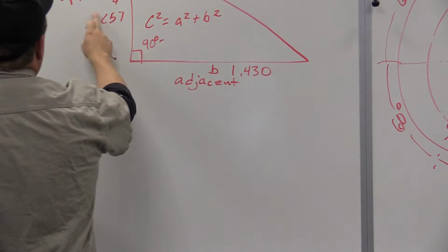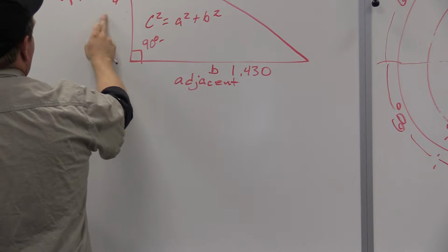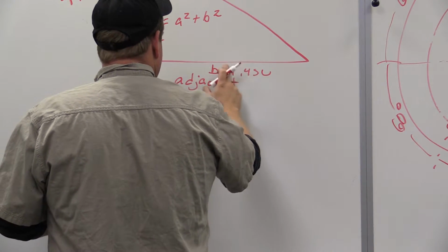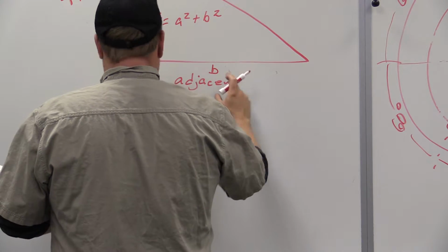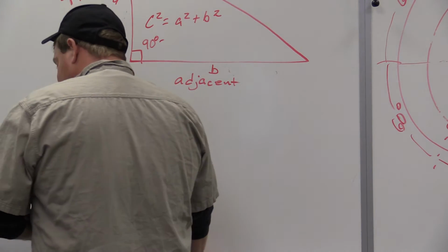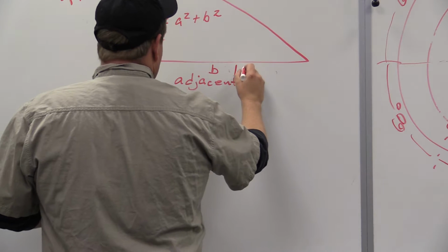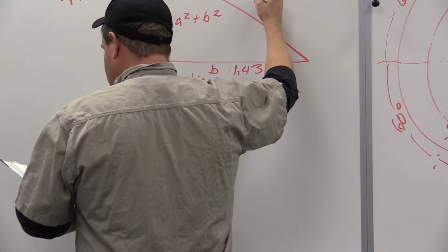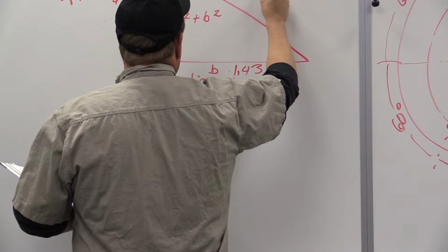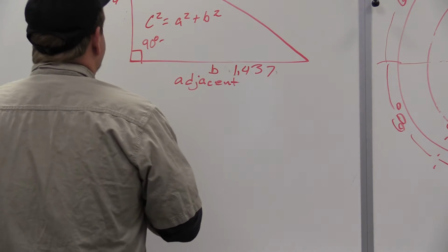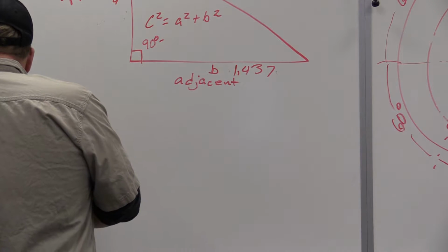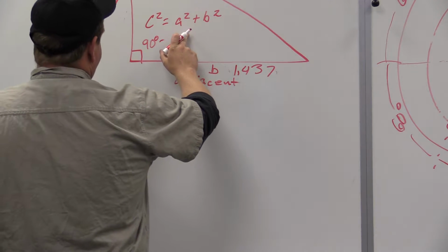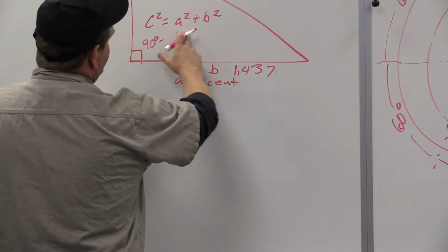Well, now we don't have a, but we have b, and in this case b is 1.437, c is 1.812. So how do we alter this to make it make sense?